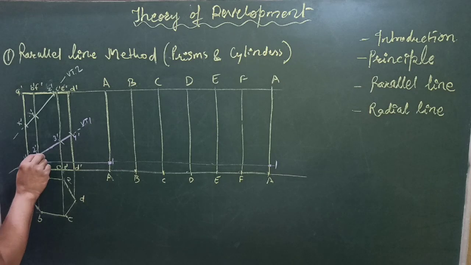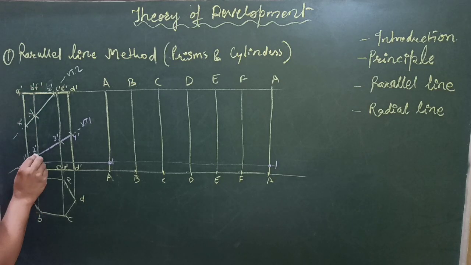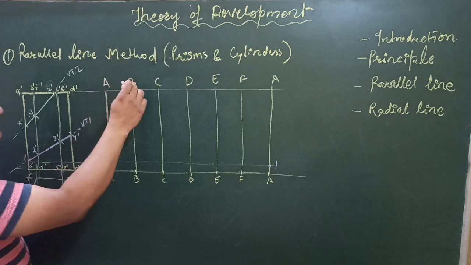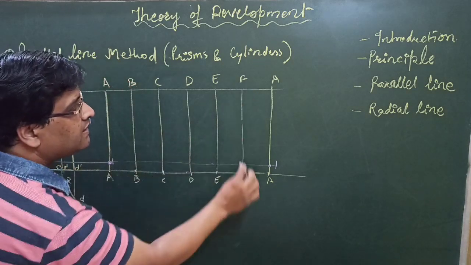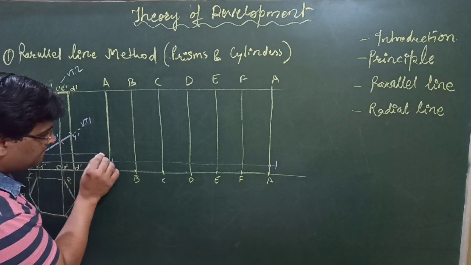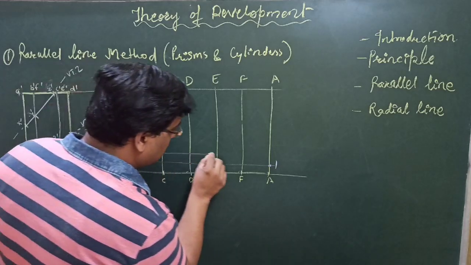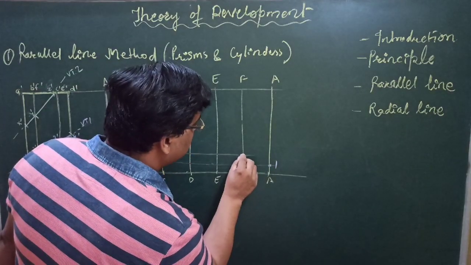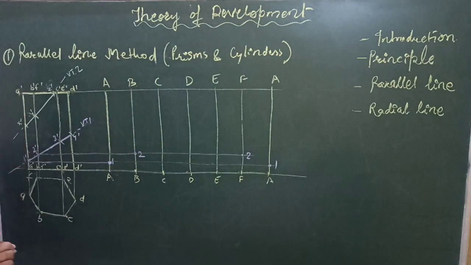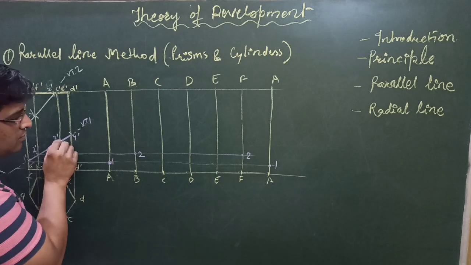Similarly 2 dash. Now 2 dash is cutting BB and FF. So this will be dropped on the lines B to B and F to F. A parallel line from here, parallel to the XY line. So this is 2. This is also 2. Then 3 dash, it is cutting C and E. So drop them on CE.